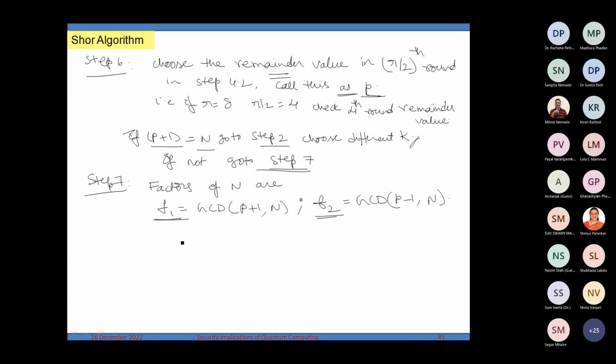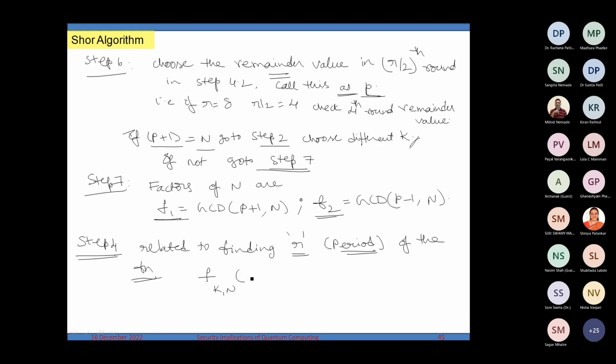So if you look at the whole step 4 that we discussed, it is related to finding the value r, which is called the period of the function f of k comma n of x is equal to k power x mod n, where the x values range from 0, 1, 2, and so on up to n.